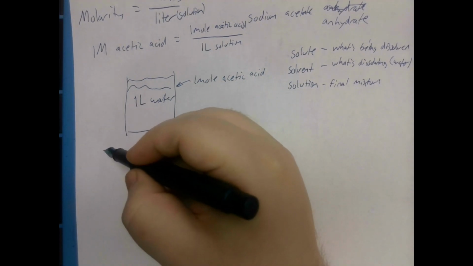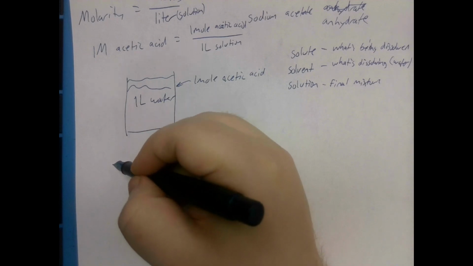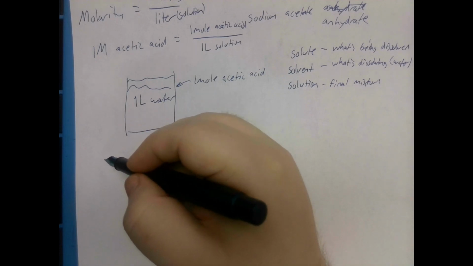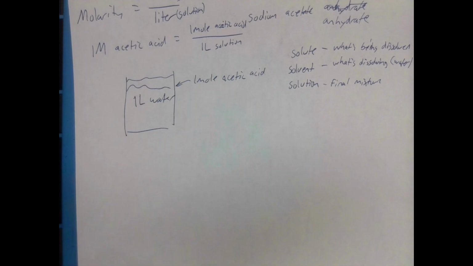So, how would I achieve this? How can I make 1 molar acetic acid? If I were to go in the lab right now and tell y'all to bring me back a 1 molar solution, how would y'all do it?